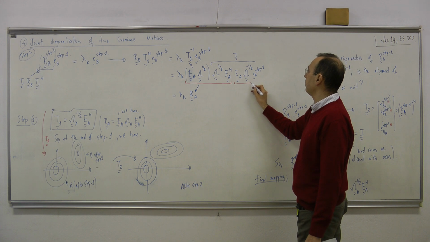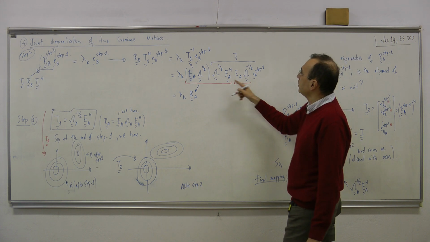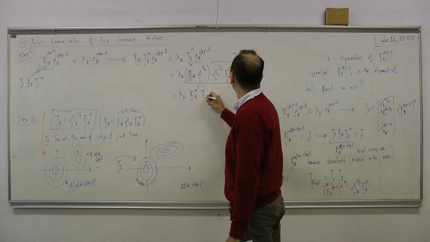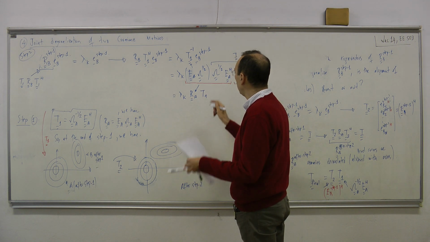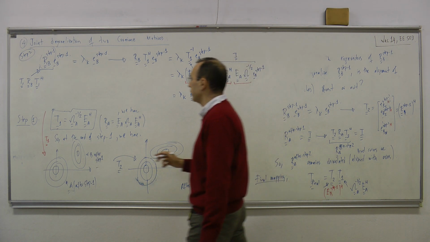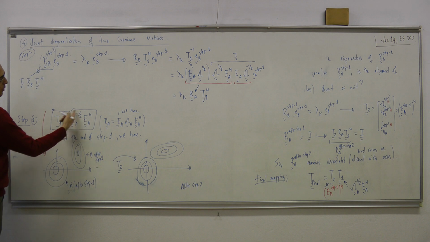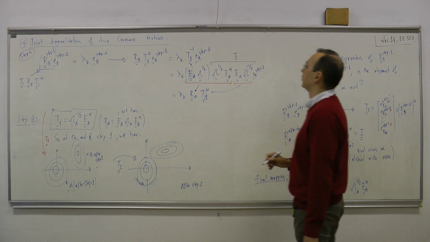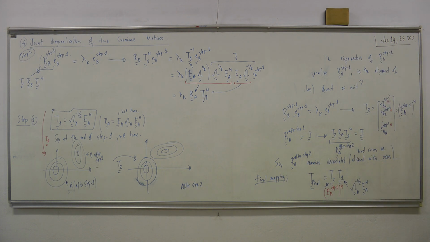How about this one? Well, this is T1. Let me see, T1 Hermitian. Let's see. T1 is over here. T1 Hermitian is this one. Okay, the second one.